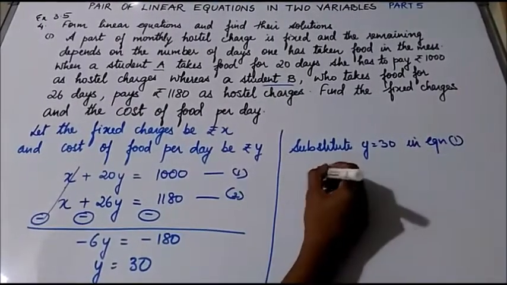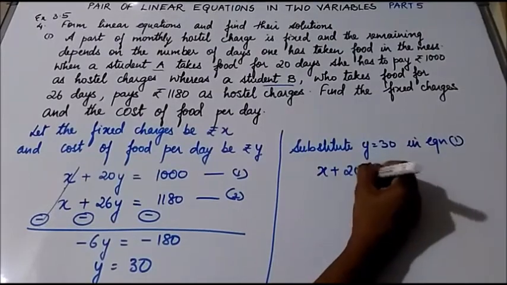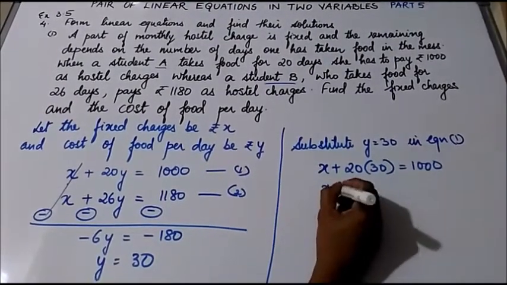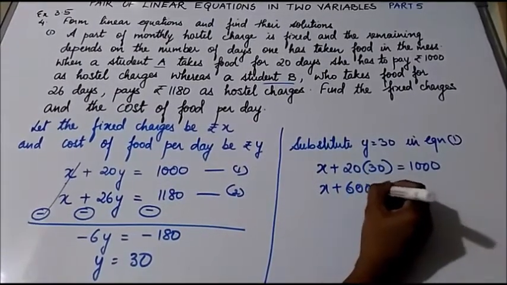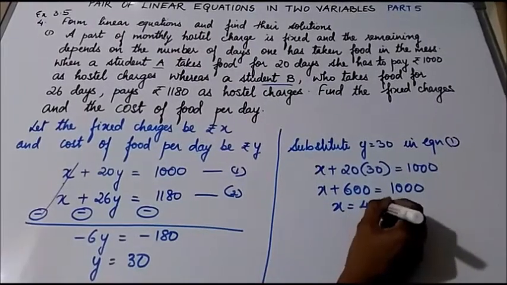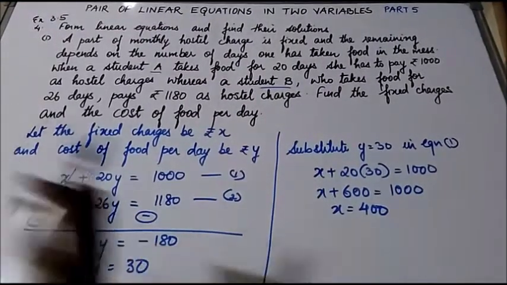What you get here? X plus 20Y, so it will be 20 into 30, is equal to 1000. That is X plus 600 is equal to 1000. X equal to 400. So what we get?